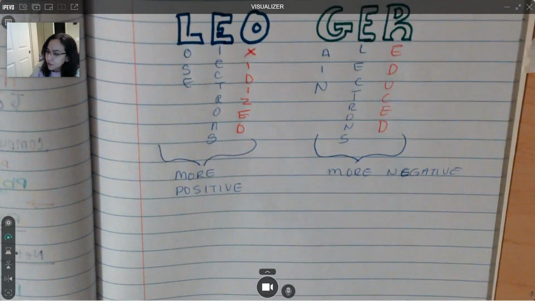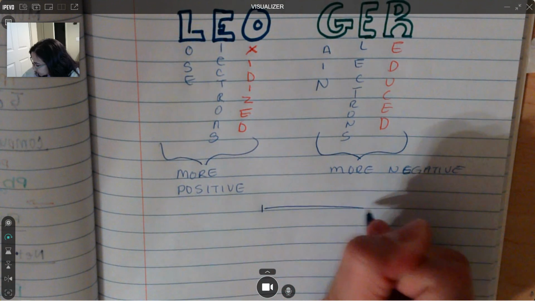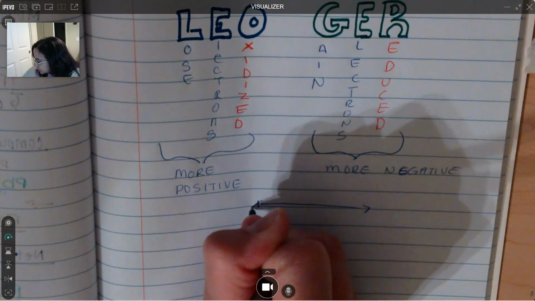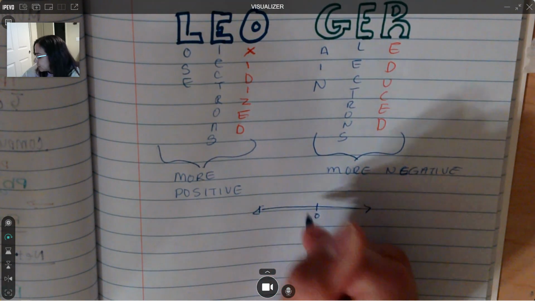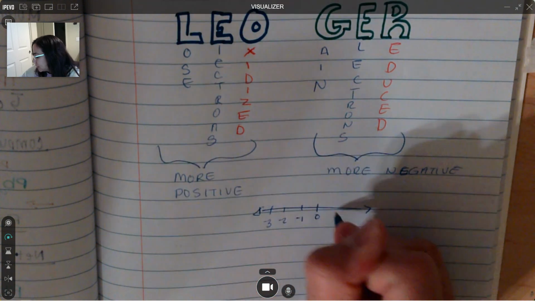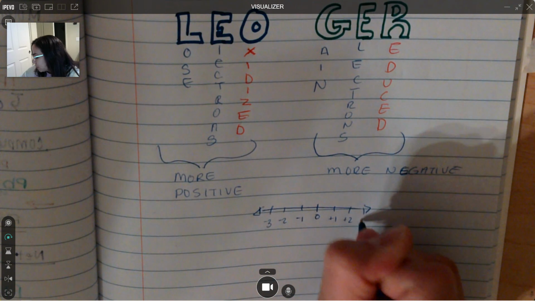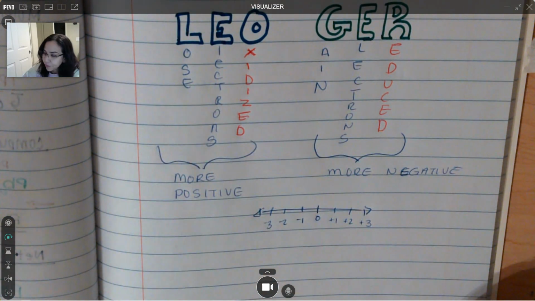And if it helps you to make a number scale, actually, it's going to go continuous. This is 0, and let's just say -1, -2, -3, +1, +2, +3, right?